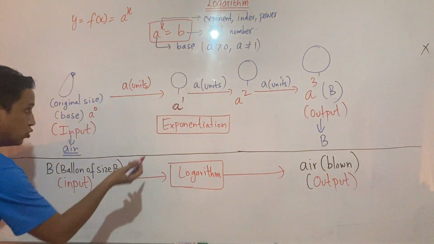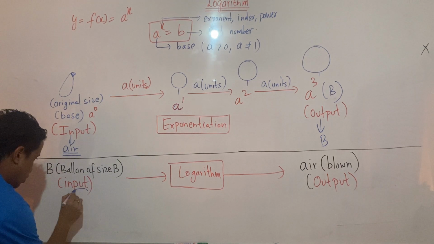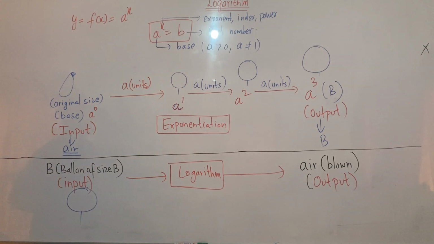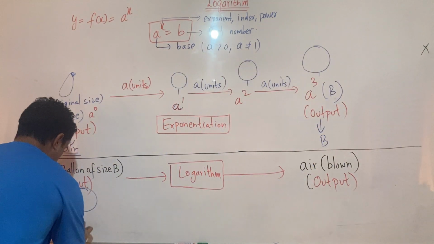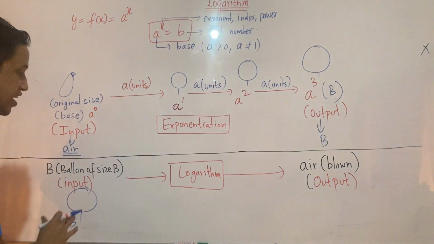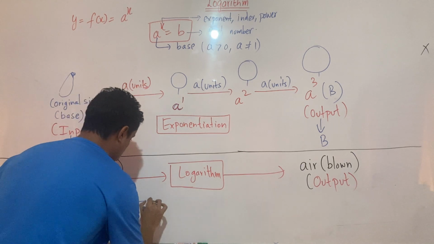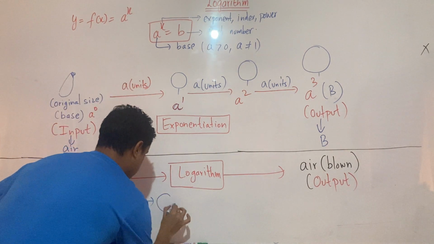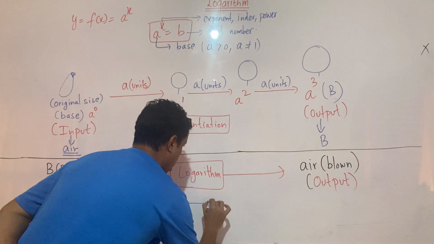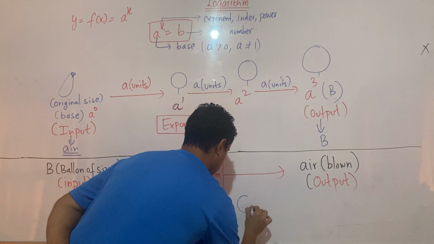Here we have a balloon, this is the balloon of size B. So what we need to do is go back in time to calculate how much air is blown inside the balloon.